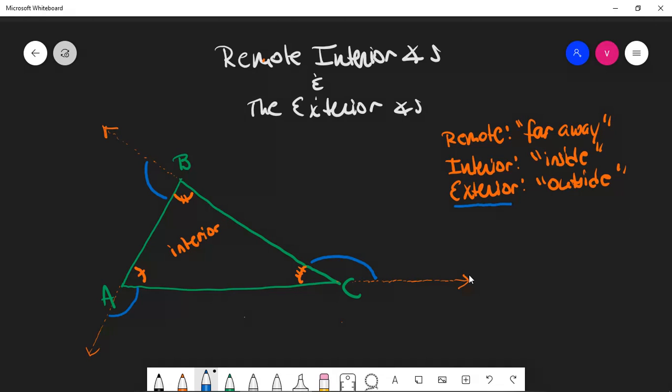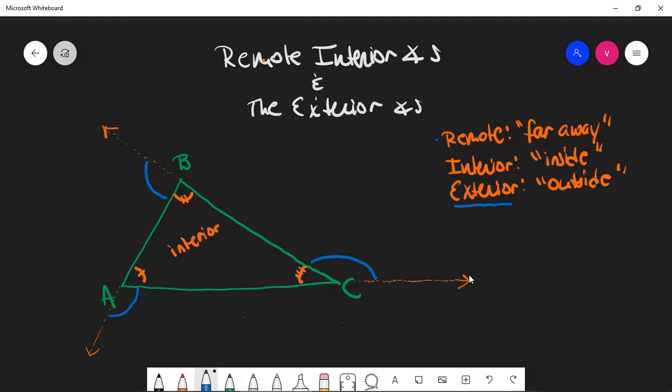So what we're going to relate to you is how the exterior angle relates to the interior angles. That's where the word remote comes into play right here, okay?